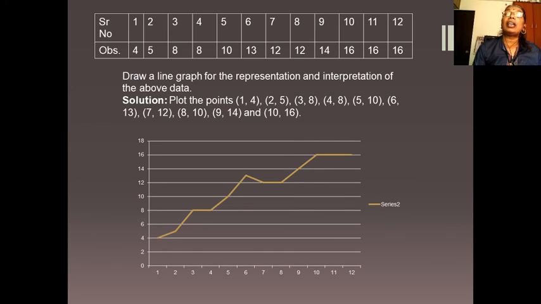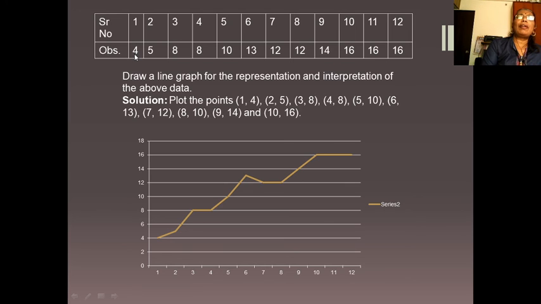Here one example is given to you. In that example, the serial numbers represent trees, and serial numbers 1 to 12 are given in the table, from which we observe certain observations.